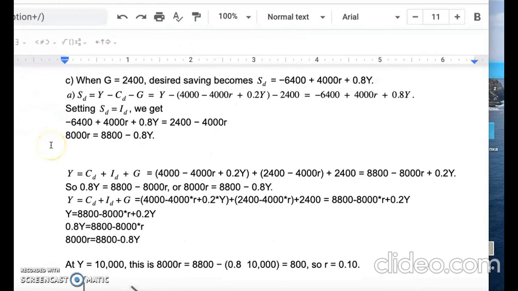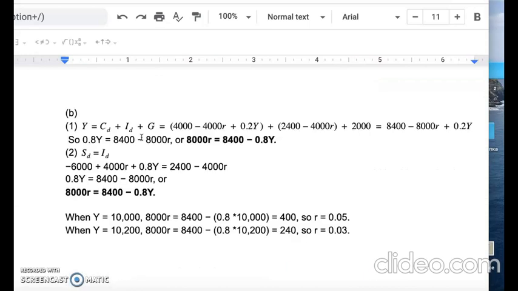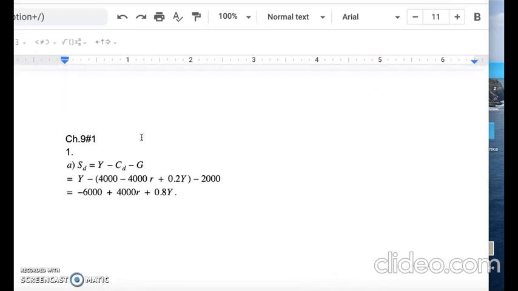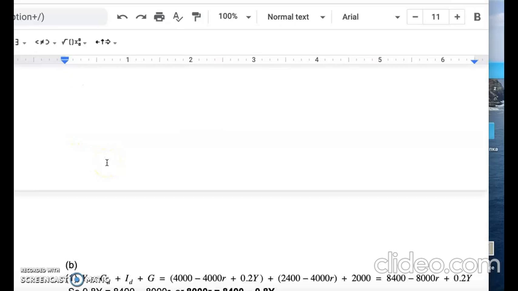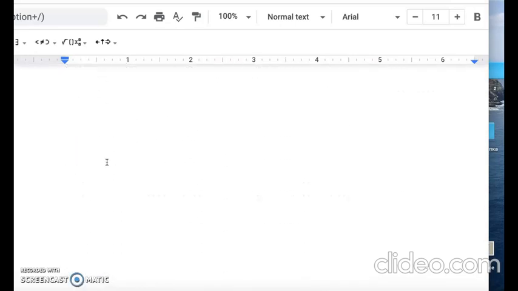When our government purchases is equal to 2,400, our desired saving becomes this formula. We get this from sub-question A. Here we just substitute 2,000 by 2,400, and then we will have not 6,000 but 6,400 minus 6,400.